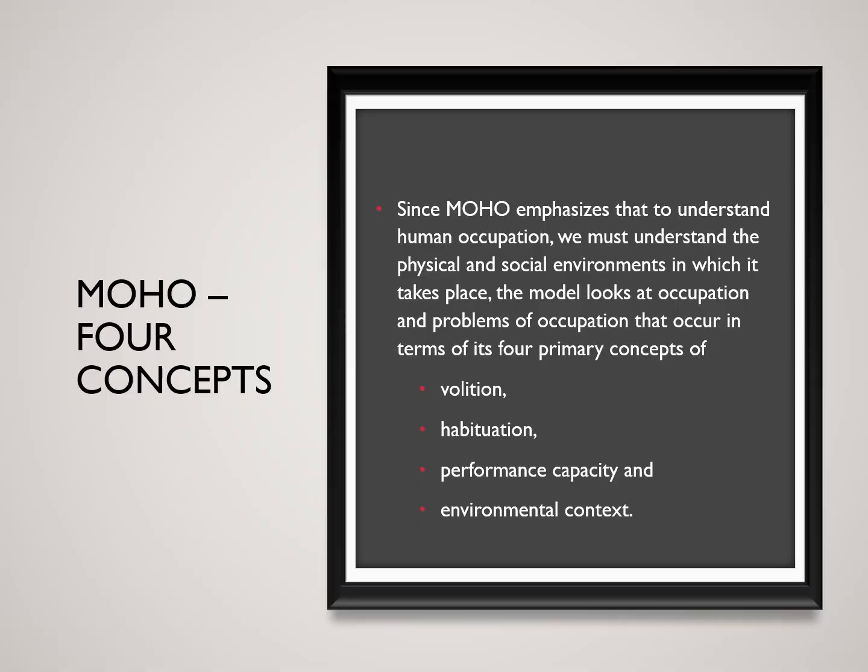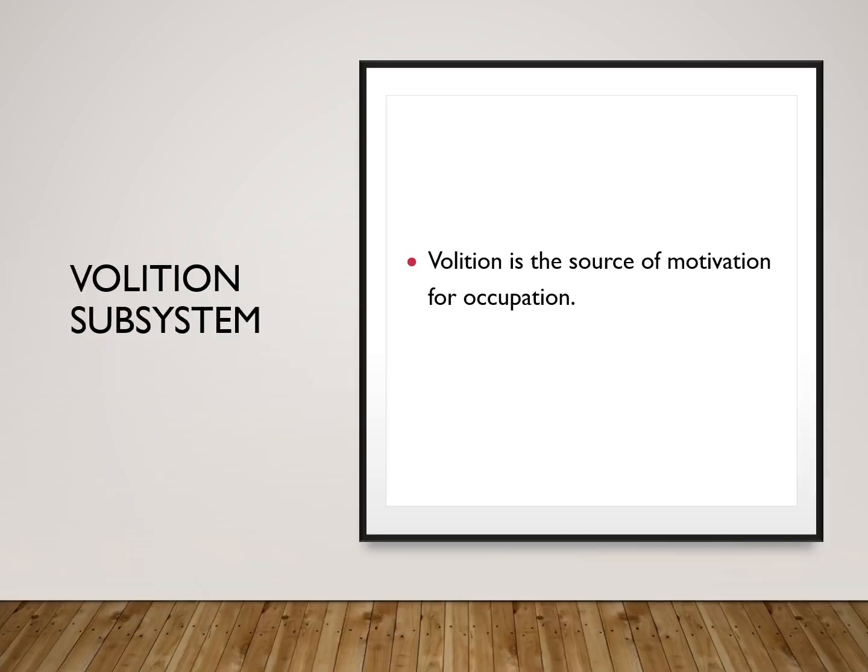So, the four concepts. MOHO emphasizes that to understand human occupation, we must understand the physical and social environments in which it takes place. The model looks at occupation and problems of occupation in terms of its four primary concepts: volition, habituation, performance capacity, and now we're adding the environmental context, because environment plays a role.